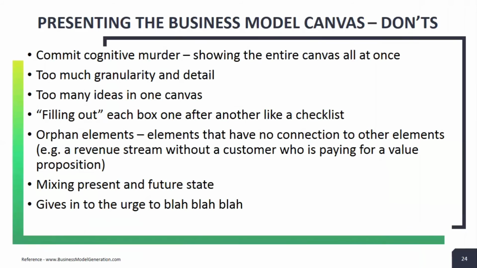Avoid putting the future state and the current state of your business model into the same canvas without somehow distinguishing between them. And we want to avoid that tendency to engage in irrelevant blah blah blah, and instead deliver a killer presentation. Weave a story around your business model canvas.